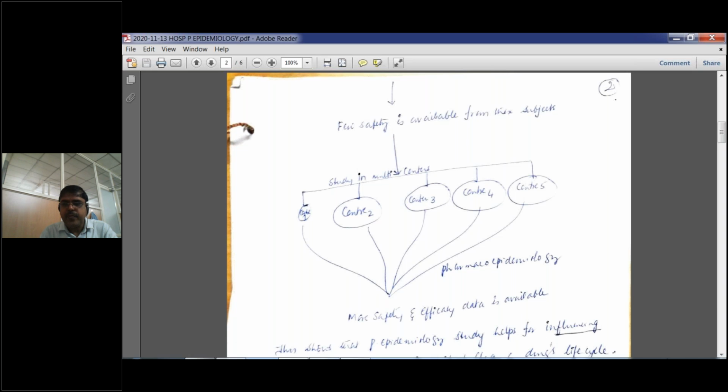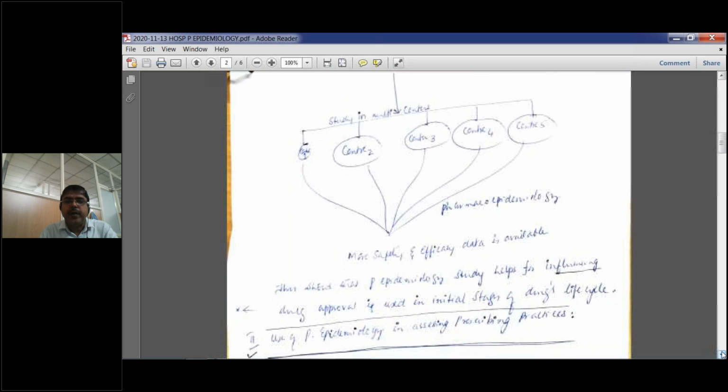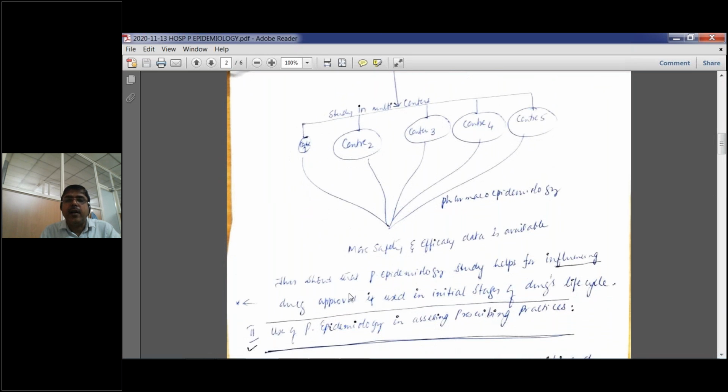Now, such data is going to be used in order to get the final drug approval process, and it is used in the initial stages of the drug life cycle.